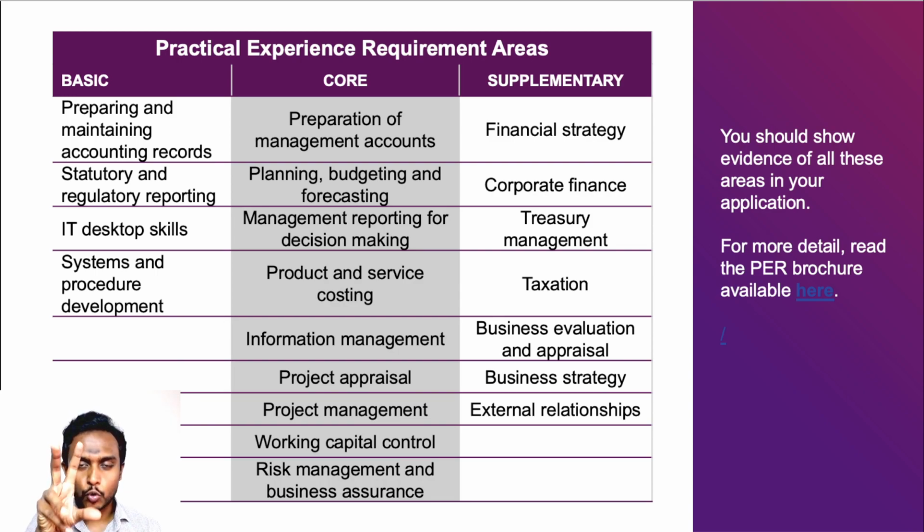You will notice core activities are those main functions that are directly related to the career and the profession of management accountancy. So preparation of management accounts, planning, budgeting and forecasting, management reporting for decision making, product and service costing, information management, project appraisal, project management, working capital control, risk management and business assurance are some example areas that fall under the core activities experience sector.